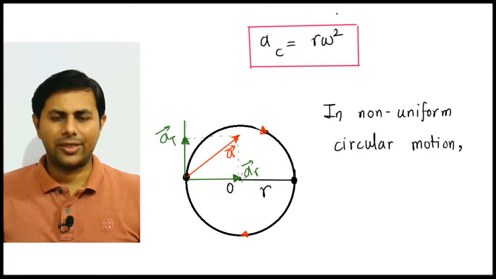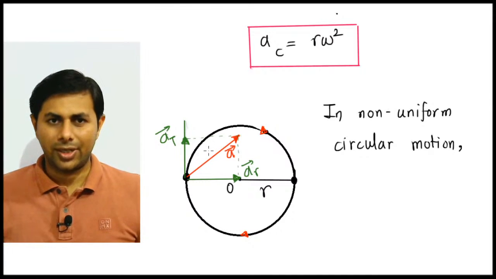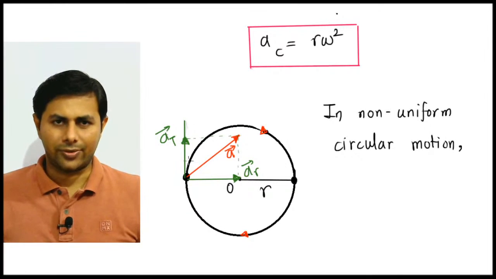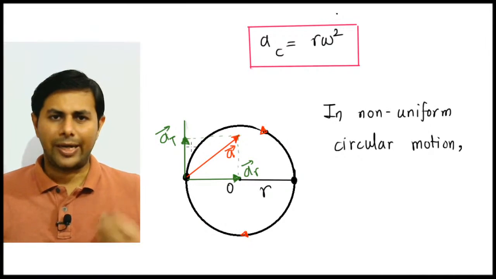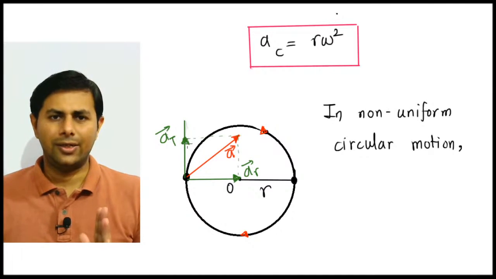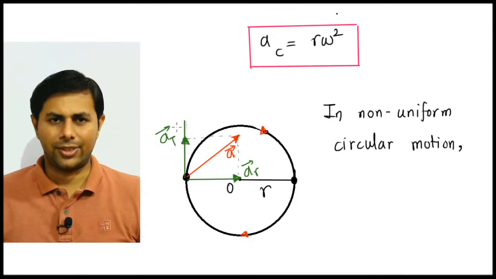But in addition to this a_R bar, in non-uniform circular motion, the magnitude of velocity also changes, and therefore there will be some acceleration in the direction of velocity also. Velocity is directed along the tangent, and if the magnitude of velocity changes, that means there will be an acceleration along velocity also, and that is tangential acceleration.